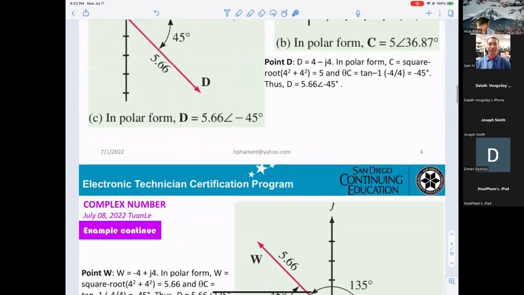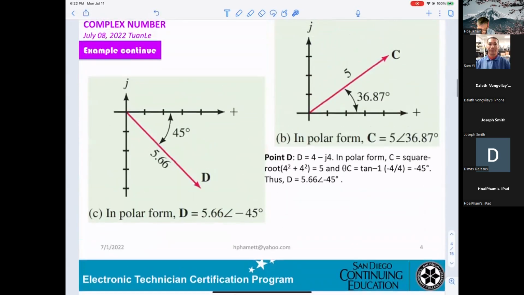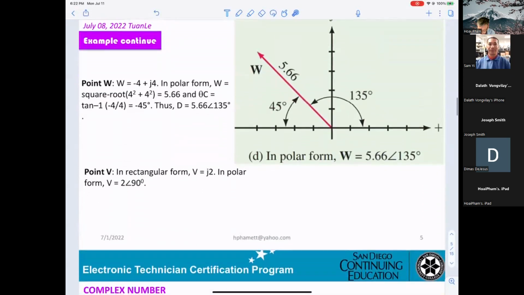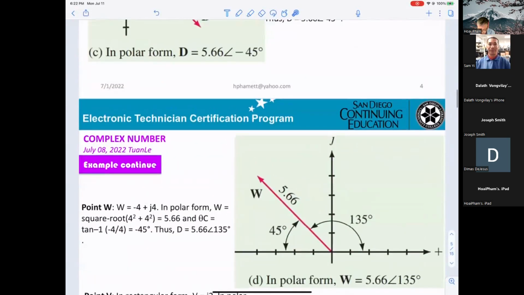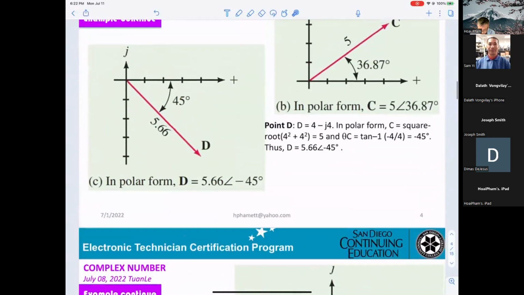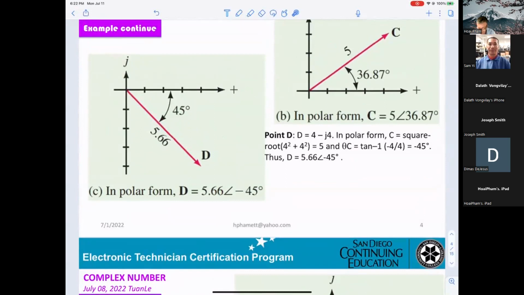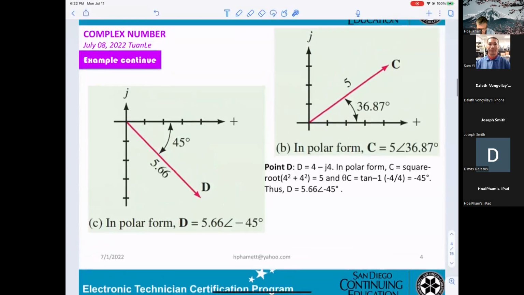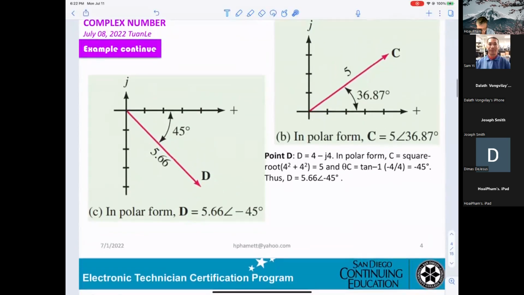Let's see, D. You do the same thing, square root them. Yes, I want to get the answer for D here. So D for the rectangular is 4 minus J4.